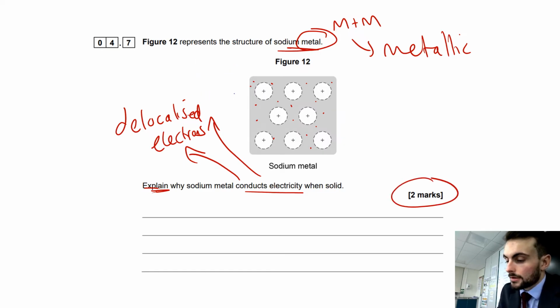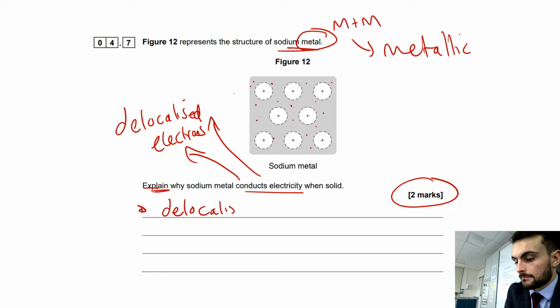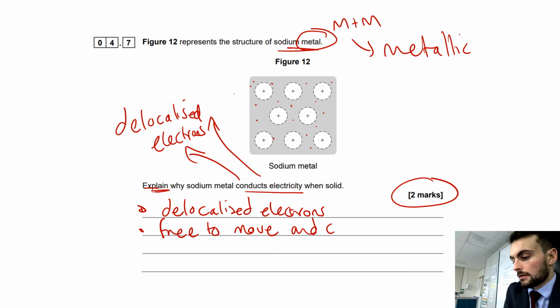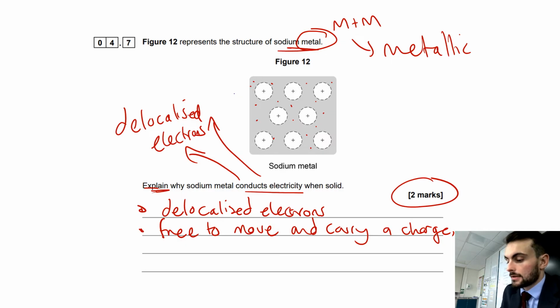We know the 2 marks, so the first thing we can say is delocalized electrons. Okay, what does that even mean? All we need to do is say what that means. So therefore they are free to move and carry a charge.